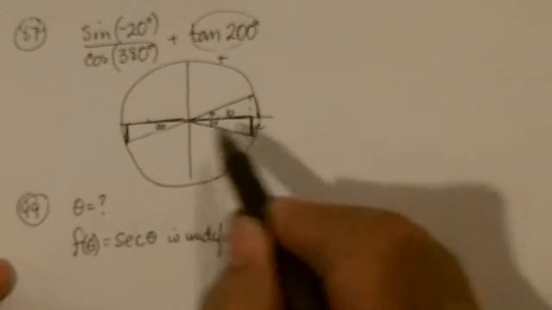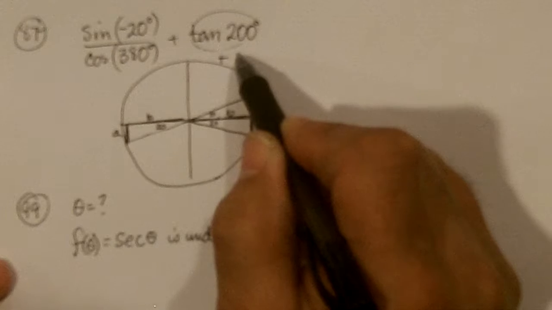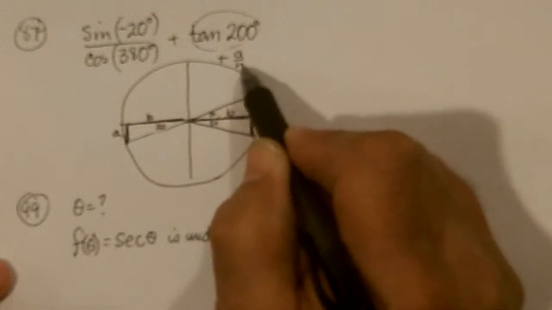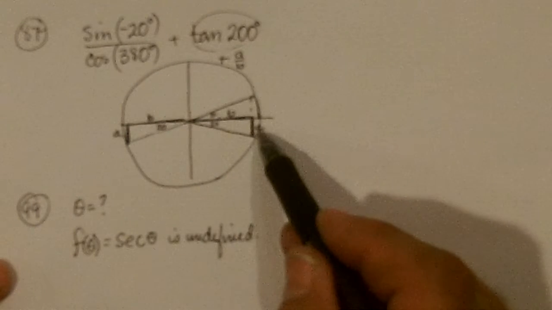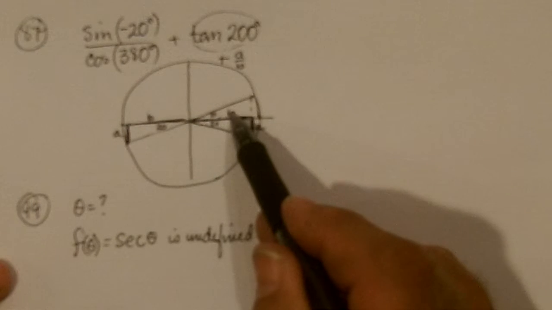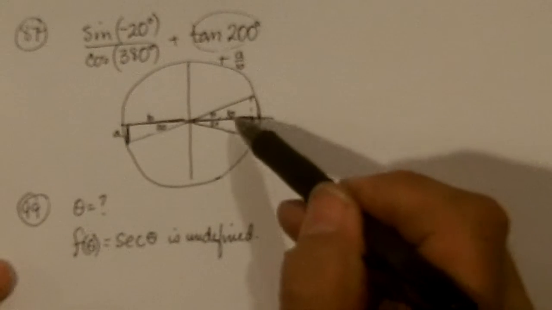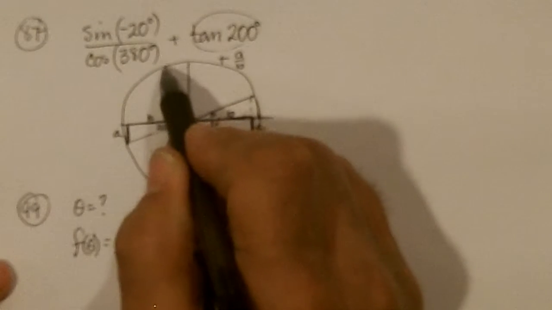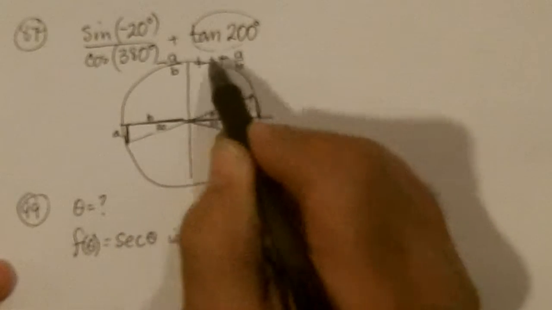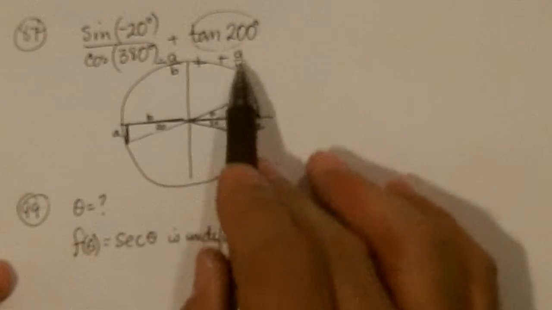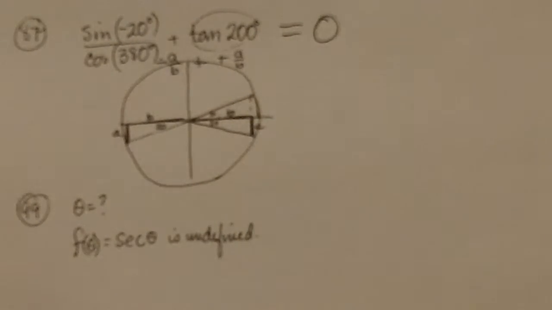If I call this A and this B, this would be a positive A over B. And this would be an A over B, but negative because the A is negative and the B is positive. So a negative A over B plus a positive A over B would be 0.